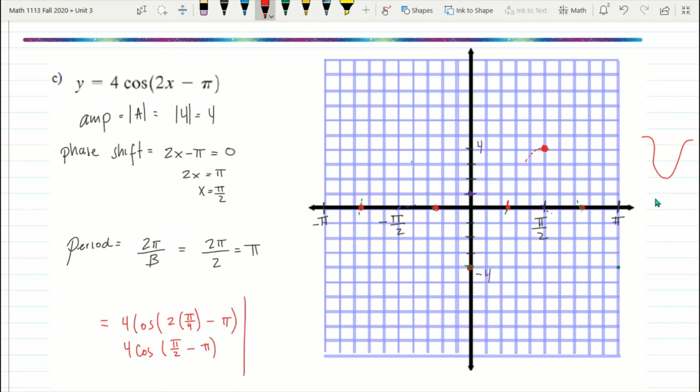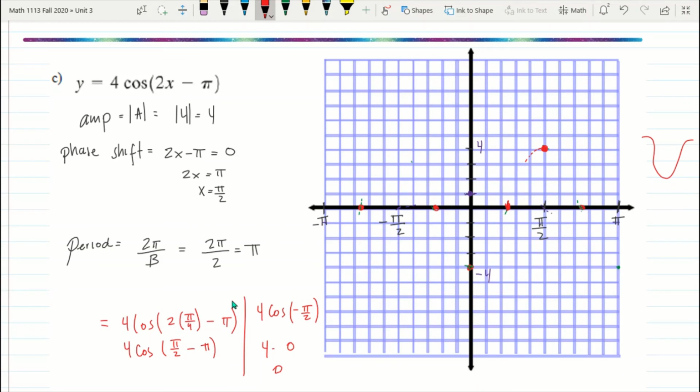I'm running out of space, so 4 cosine of negative pi over 2, that's going to be 0, so 4 times 0 is 0, and that's why that value is included. And we look at here, and I'm only going from negative pi to pi, and then in the middle is pi over 2. I broke it up again by quarters, or pi over 4 distances away.